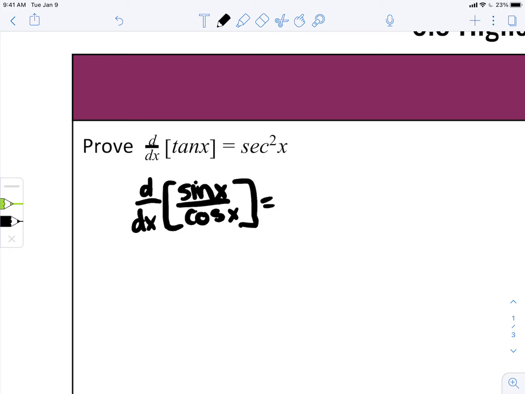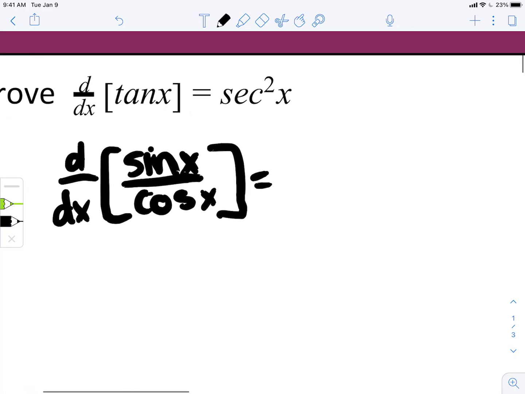Previously, we've talked about how to find the derivative of sine and cosine, and we also talked about how to find the derivatives of quotients, or things that are being divided. So if you recall from our previous lesson, whenever we're doing the quotient rule, we do the derivative of the first thing, which we consider to be the top of our equation. So the derivative of the top, the derivative of sine, is equal to cosine of x, and we multiply that by the second thing, or the bottom of our equation.